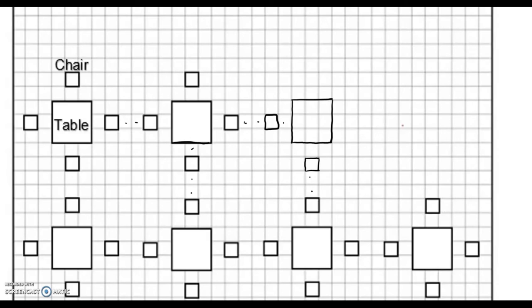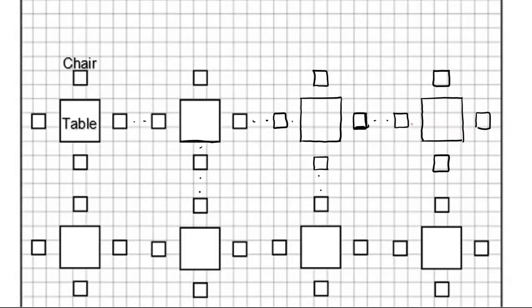Then we have a chair here and another one here. And again leave a 2 square gap, and then have the table, and finally labeling them.